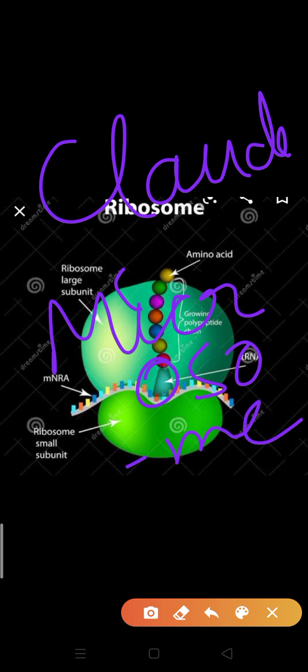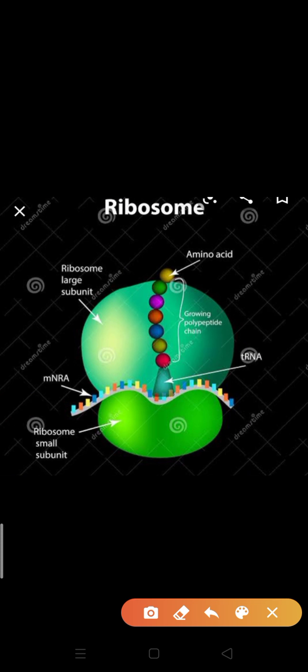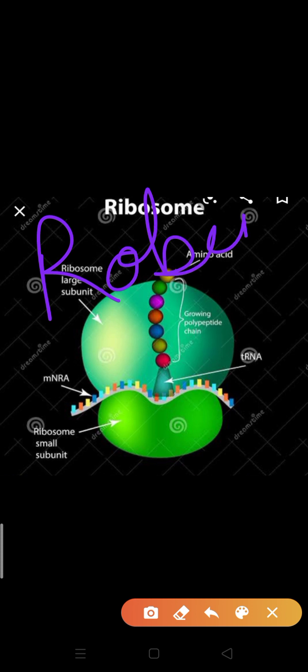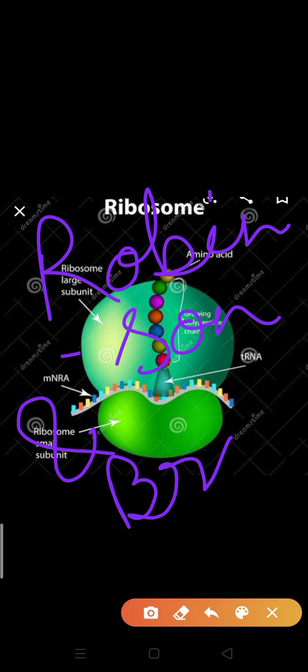Later on, in bean root plant, it was first properly reported by Robinson and Brown. This is the information they gave, but they did not give it the name ribosome.